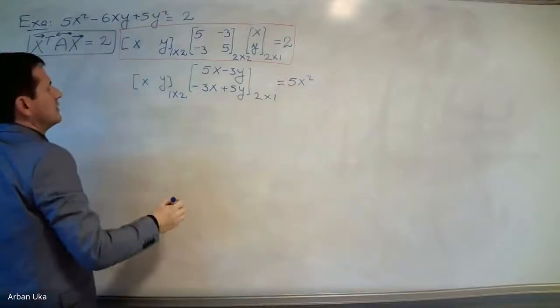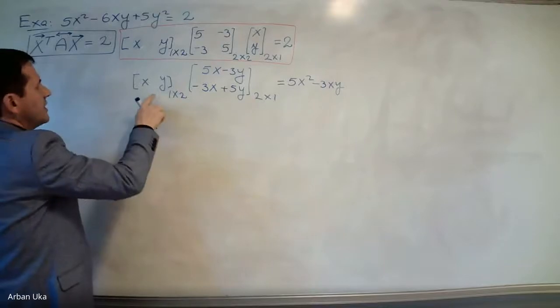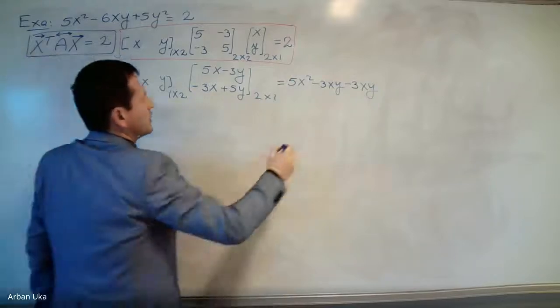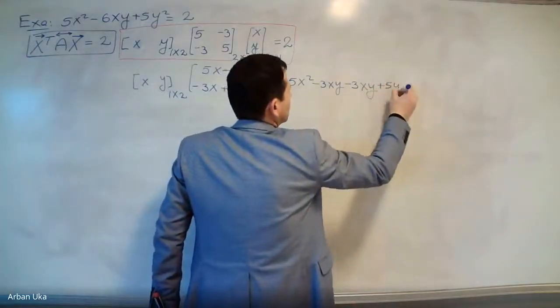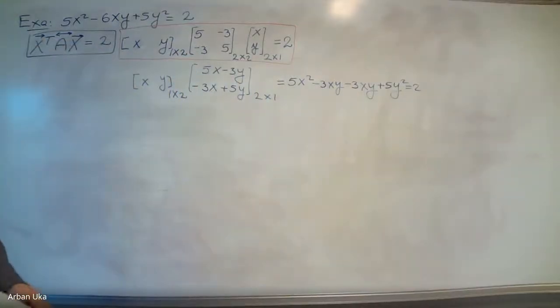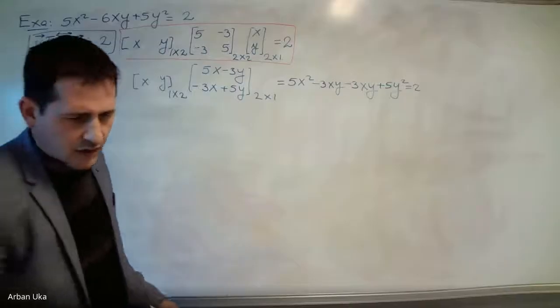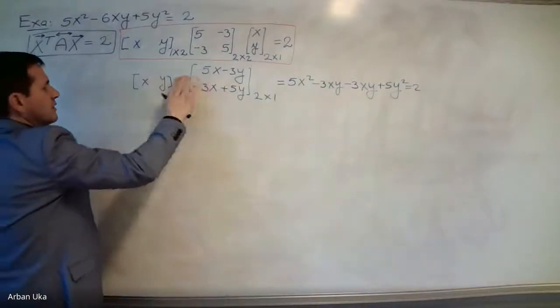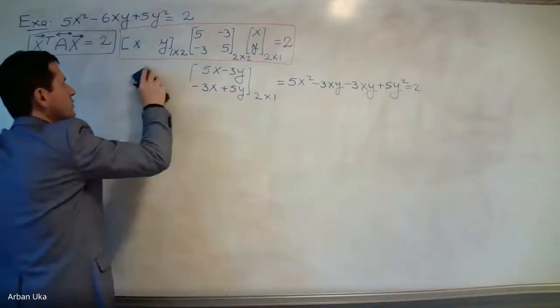So you get 5x squared, right? Minus 3xy. And then? Minus 3xy. Plus 5y squared, right? This is equal to 2. Would you agree? Yes. Okay, so this is what we get. So then, can I erase this one? Yes, it's clear now. Thank you. Sure, it was a good question.